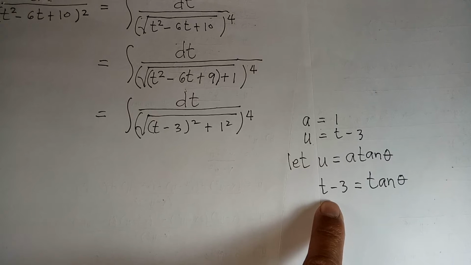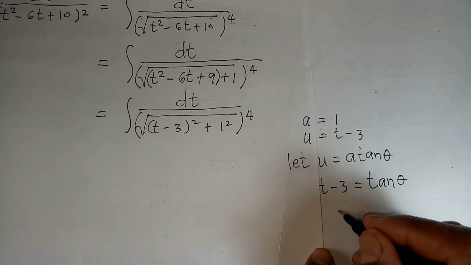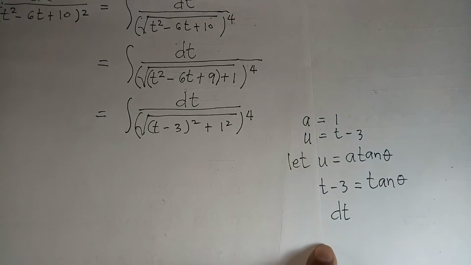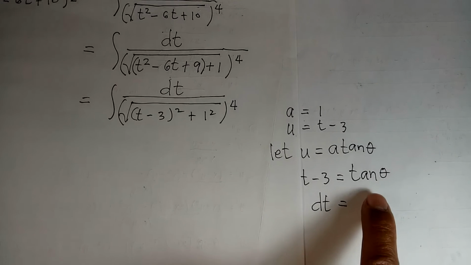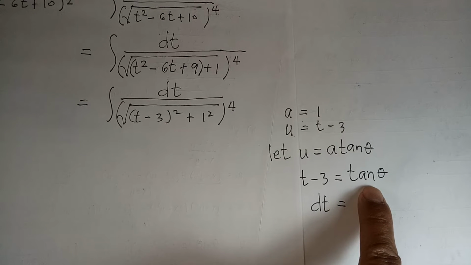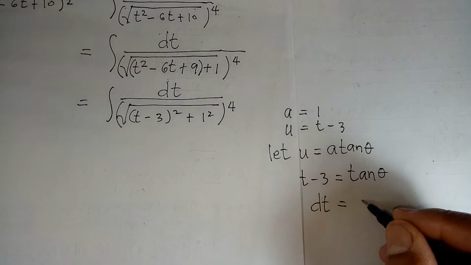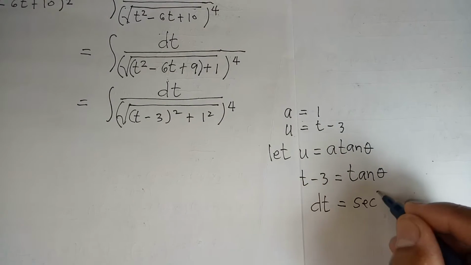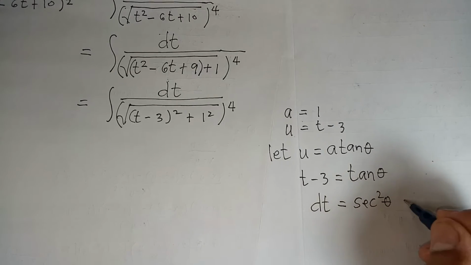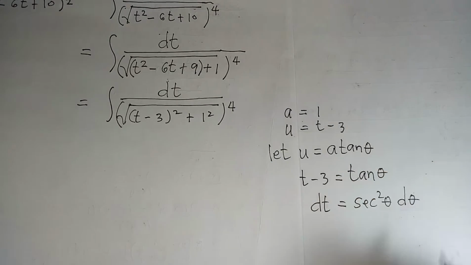So, derivative of t is dt. Derivative ng negative 3 ay 0. So, equals derivative of tangent theta is secant squared theta d theta.